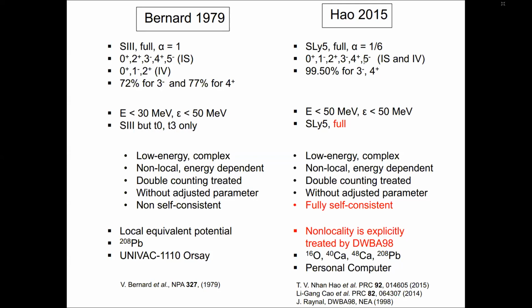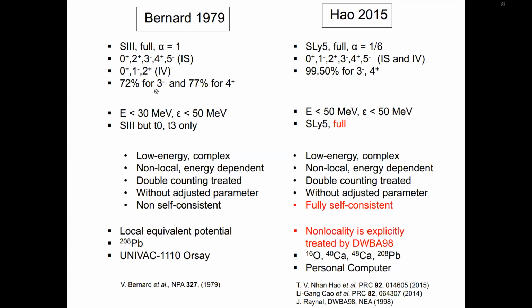And in my time, due to the performance of the RPA and particle-vibration coupling code, I can have natural parity phonons from 0 to 5-, and the energy-weighted sum rule.